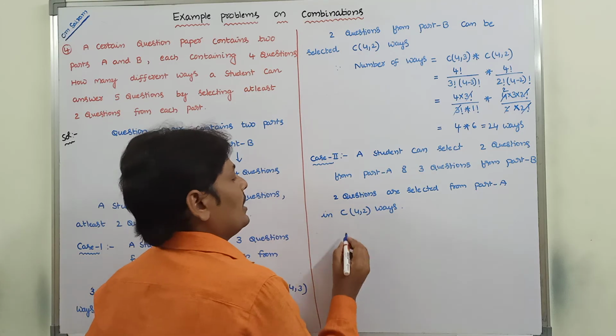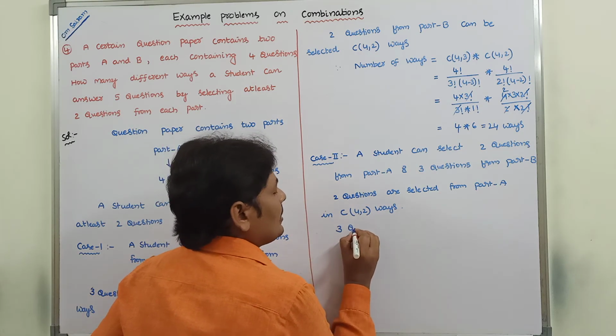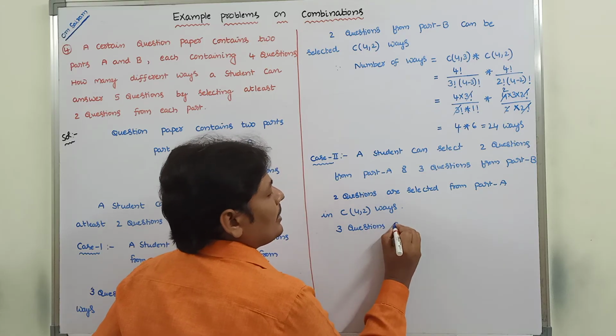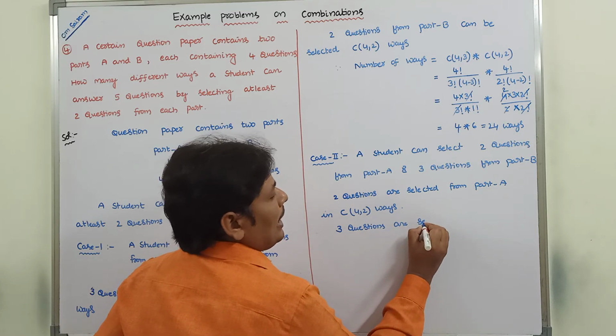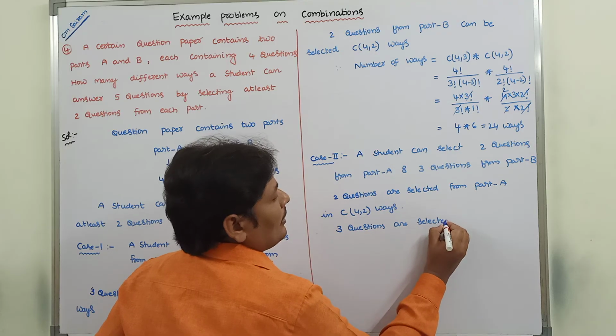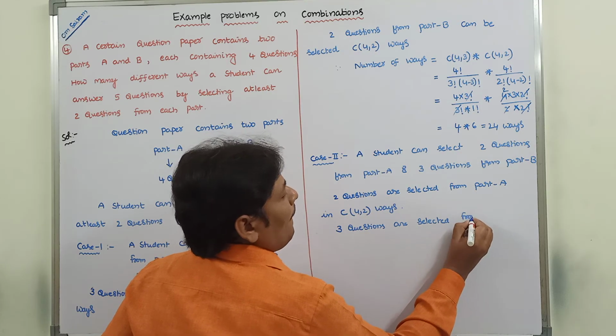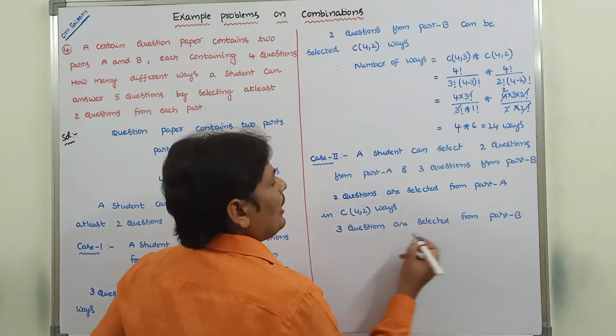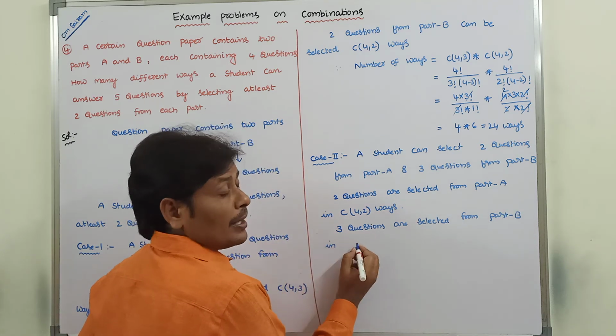Next, 3 questions are selected from part B in how many ways?